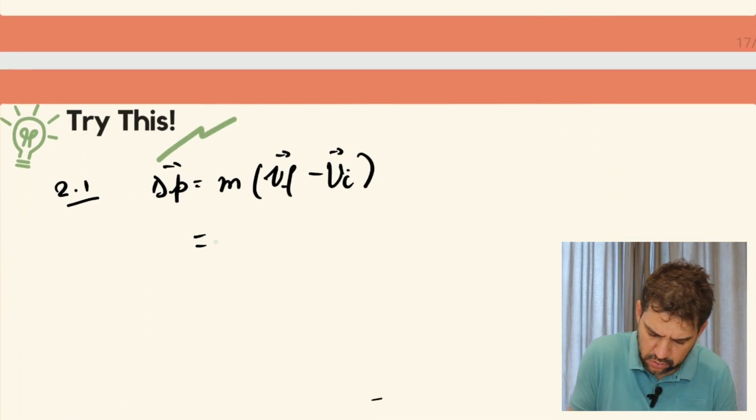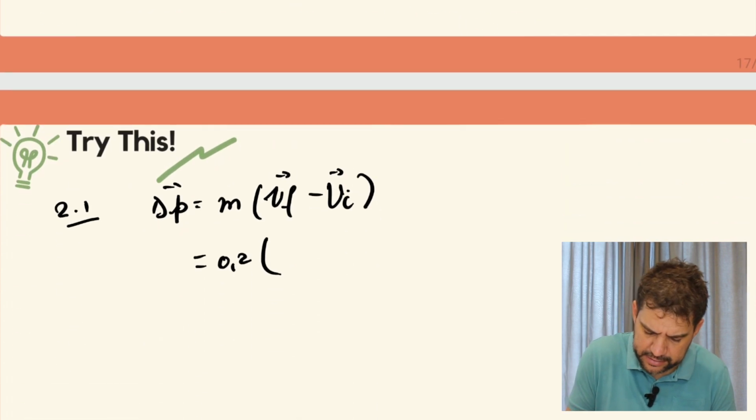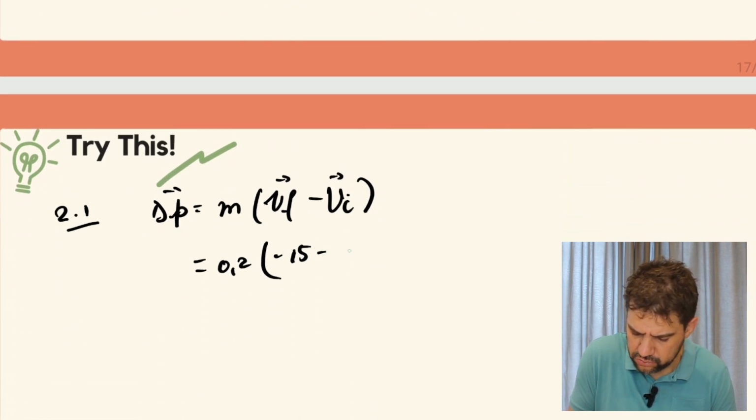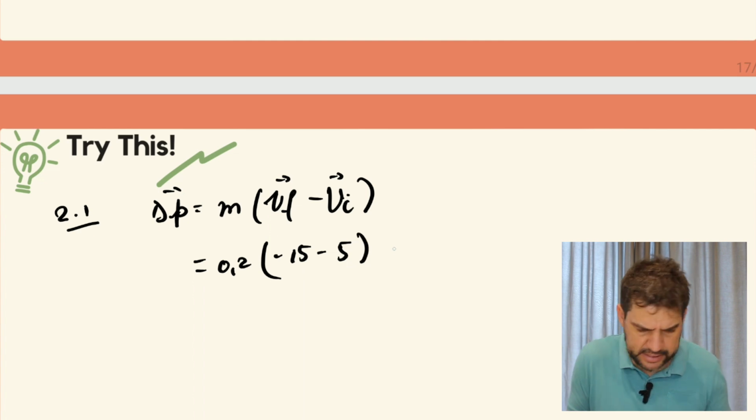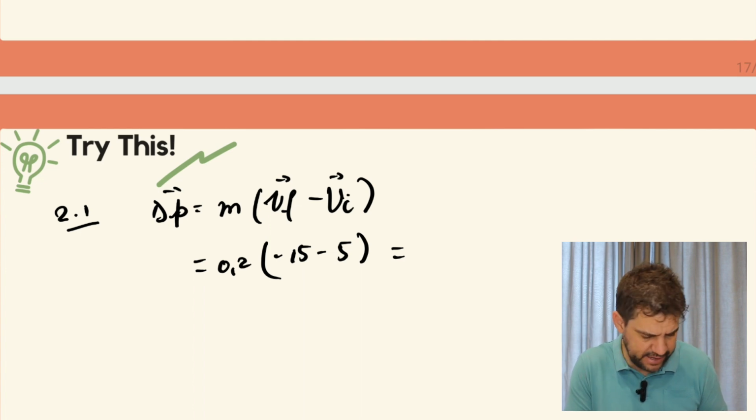0.2, and then be careful here with the direction: -15 minus 5, and this will be equal to, let me make sure, I do not want to make mistakes here. We get -4.